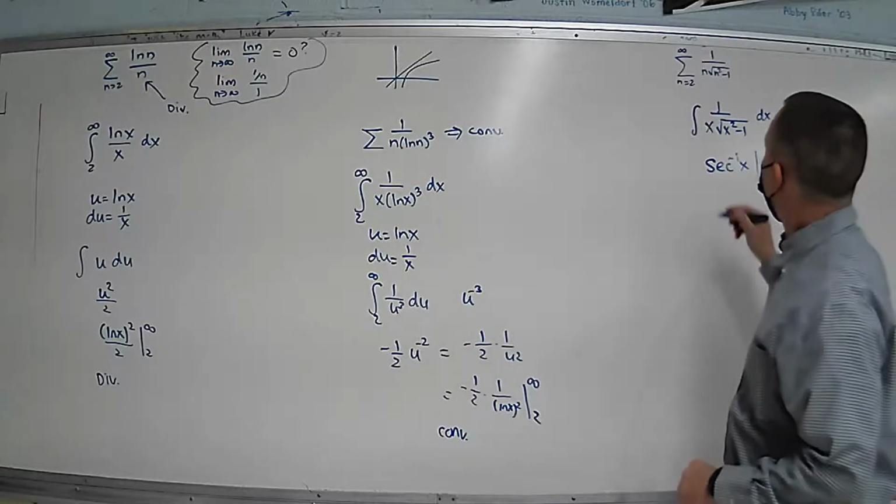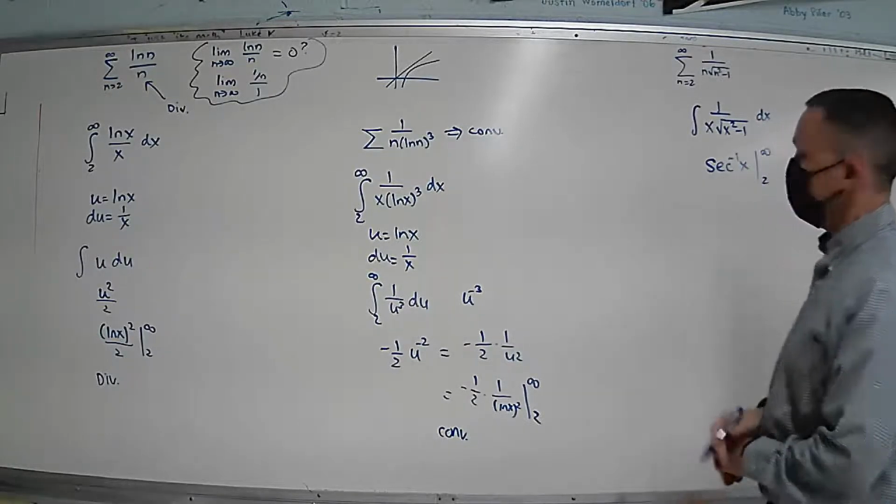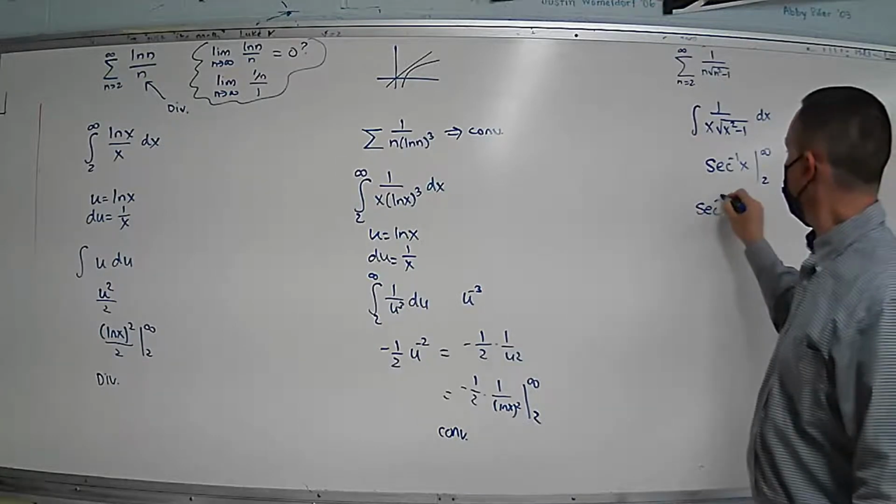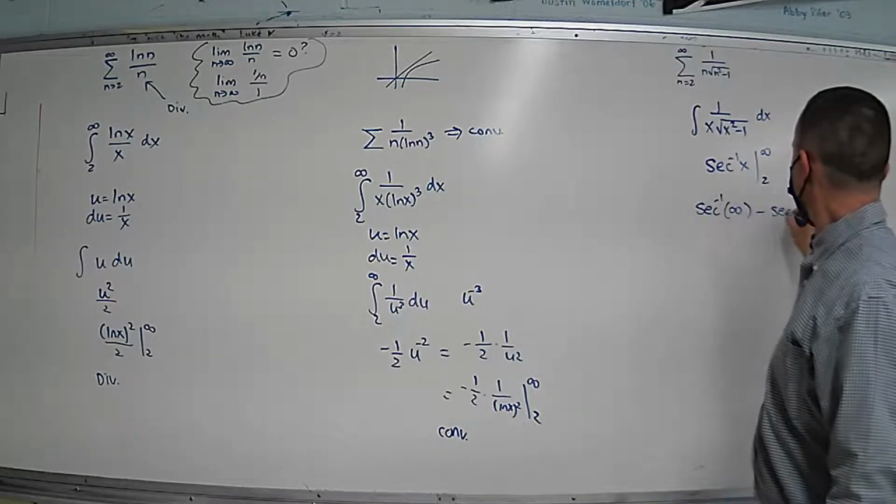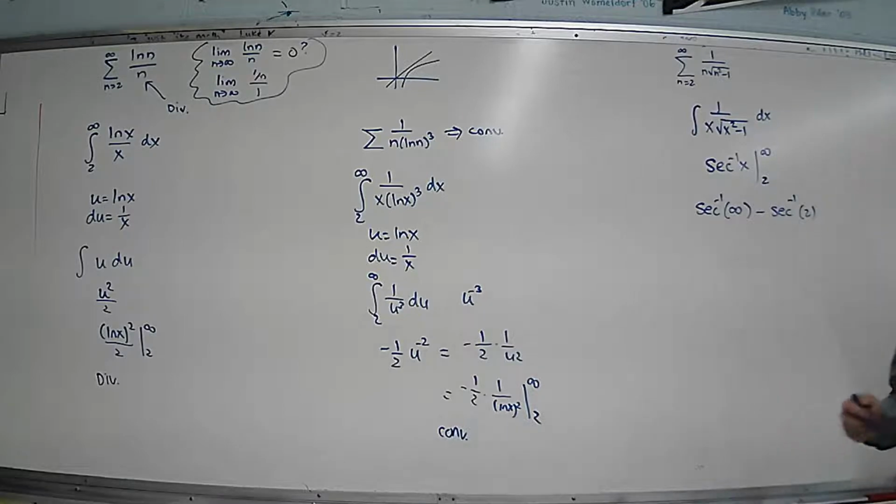Okay? So when I do this from 2 to infinity, I have the inverse secant of infinity minus the inverse secant of 2. Now the inverse secant of 2 is a number.